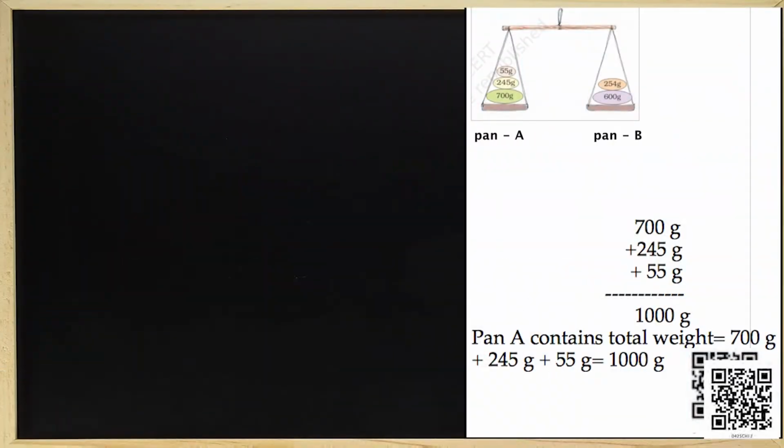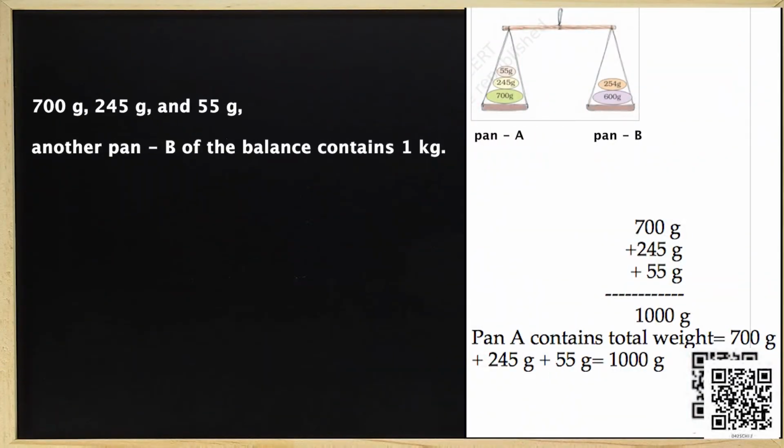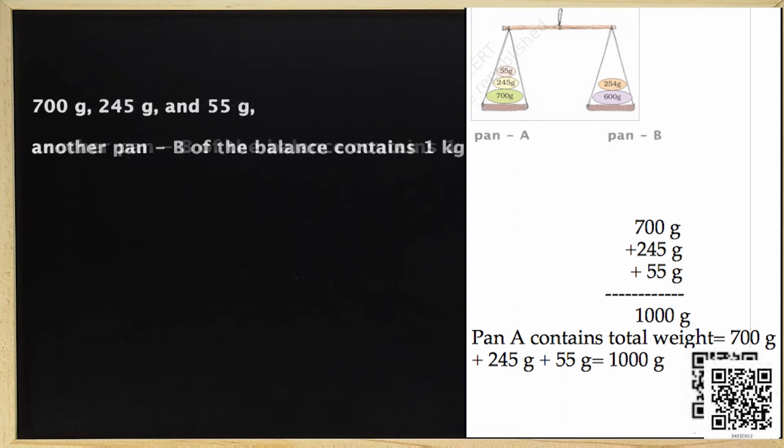Dear students, now observe another picture in which pan A of the balance contains 700 gram, 245 gram and 55 gram, and another pan B of the balance contains 1 kilogram. Dear students, guess which pan will go down and why?